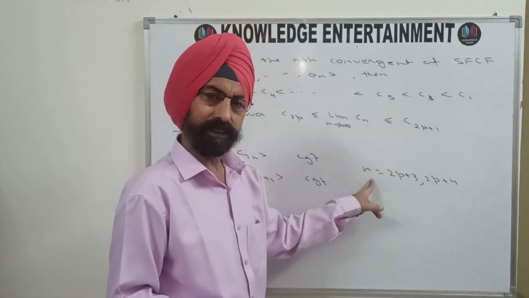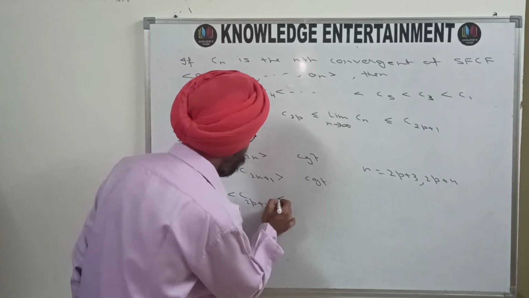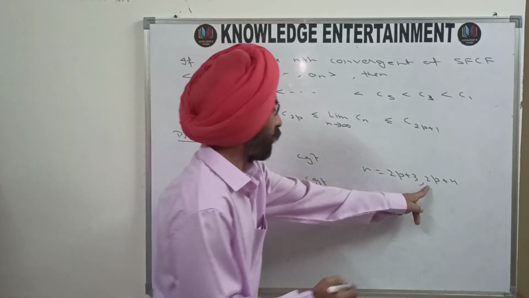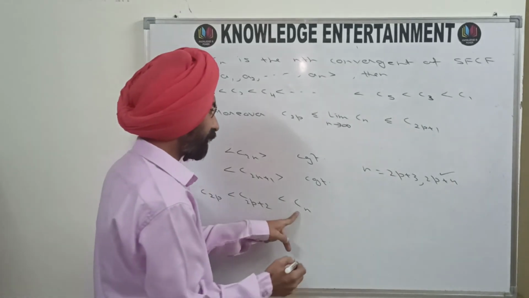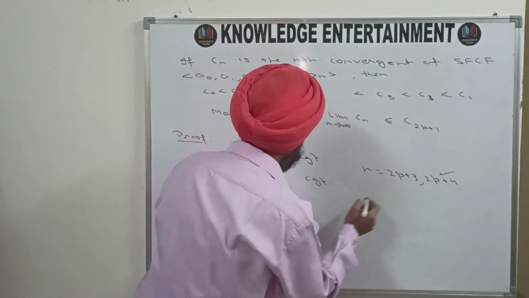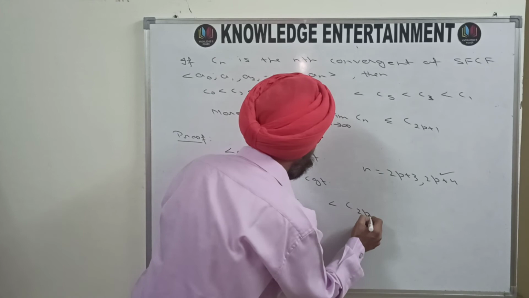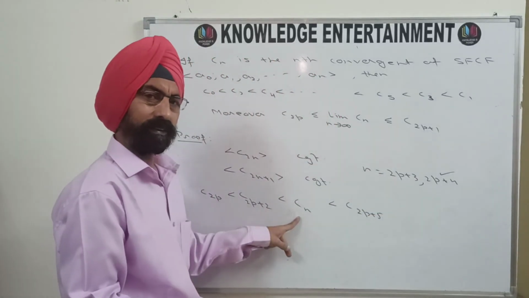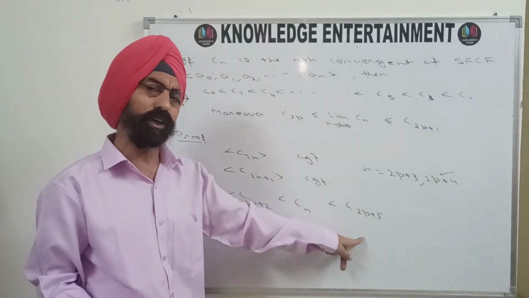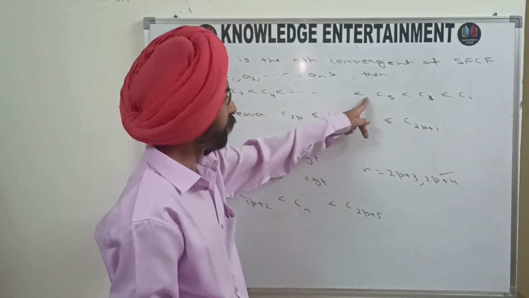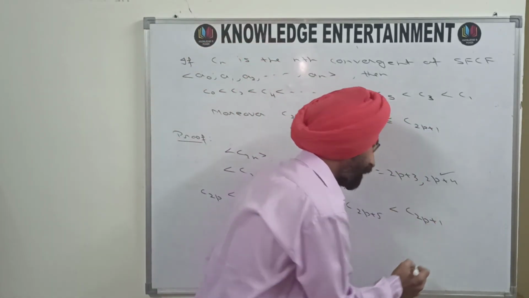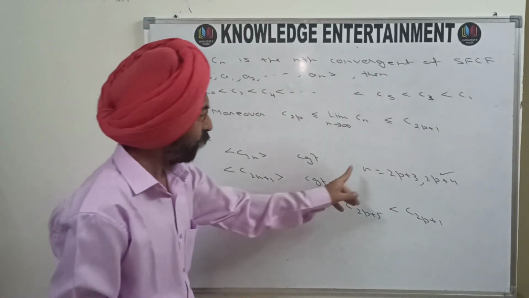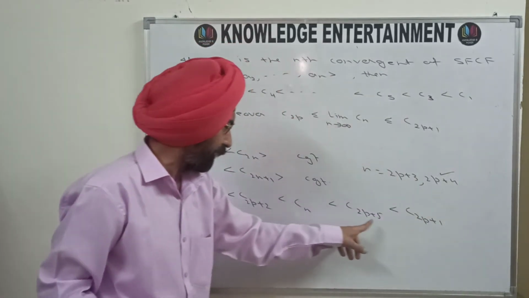If it is n, it will be less than Cn if your n is this one. And C2p plus 4 is less than C2p plus 5, because every even convergent is less than every odd convergent, and this C2p plus 5 will be less than C2p plus 1.